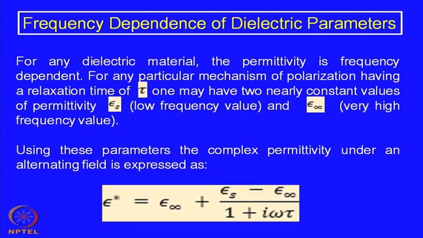So, this is the overall expression of the permittivity in terms of two constants: epsilon infinity, and epsilon s, the low frequency permittivity, and the high frequency permittivity. Both of them are constants, but it goes through a transition, right. We will see that in a minute.